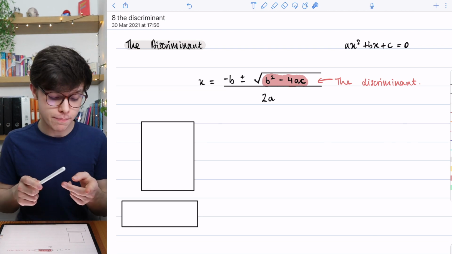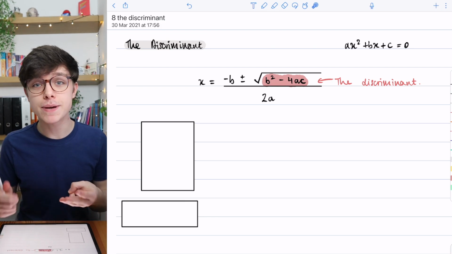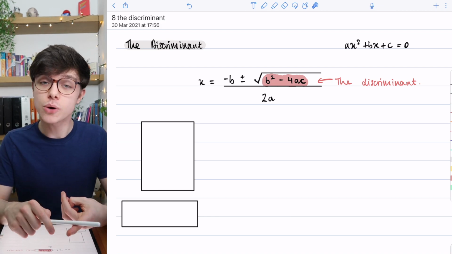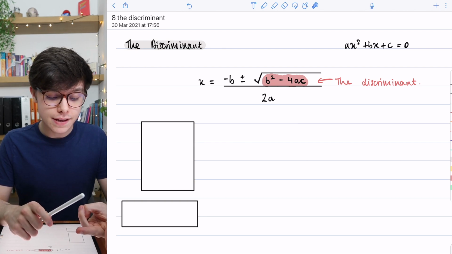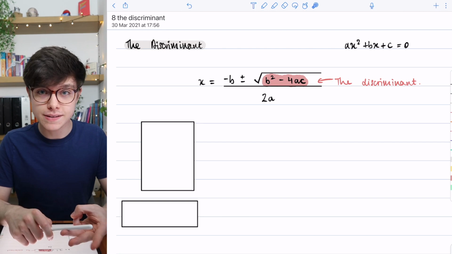Now, the discriminant can be one of three things. When we put values of a, b and c in, it can either be equal to 0, less than 0, or greater than 0.